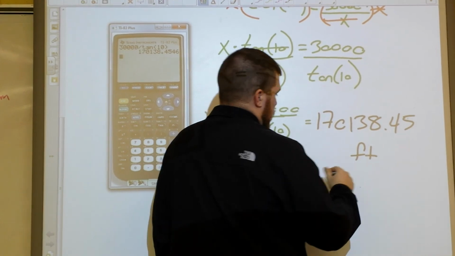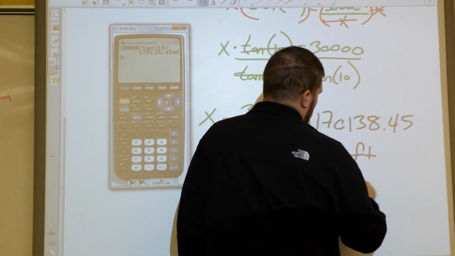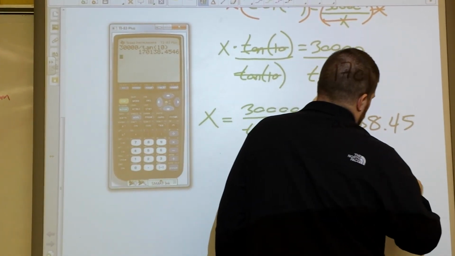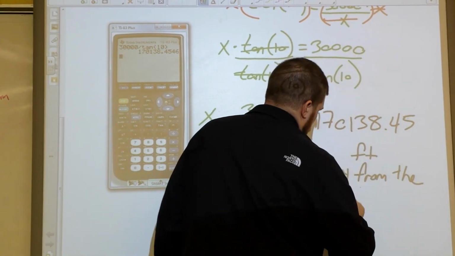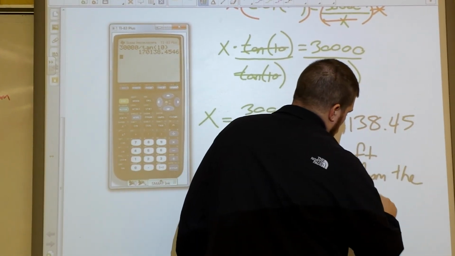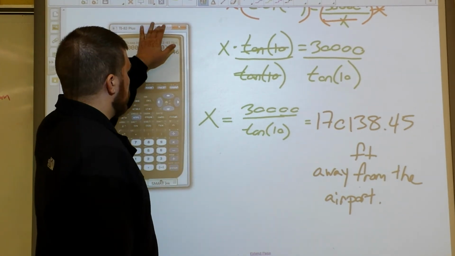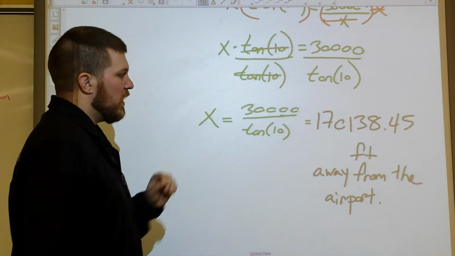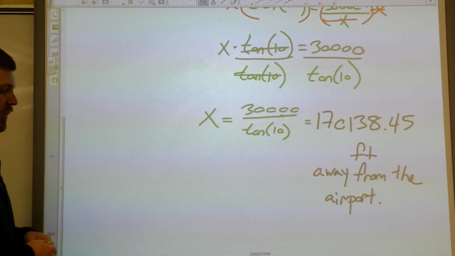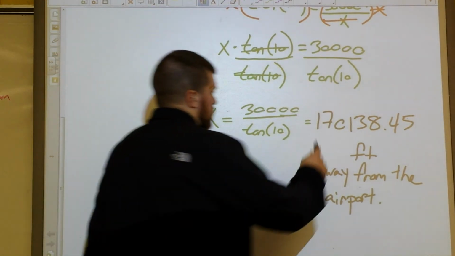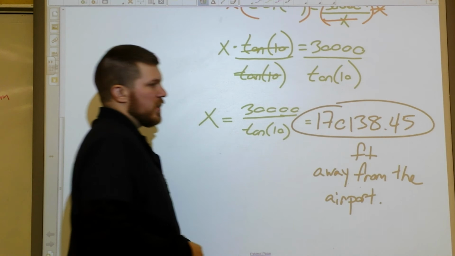And this was in feet away from the airport. So the plane is about 170,138.45 feet away from the airport across the ground. And that's what we were asked to find, so this is our answer.